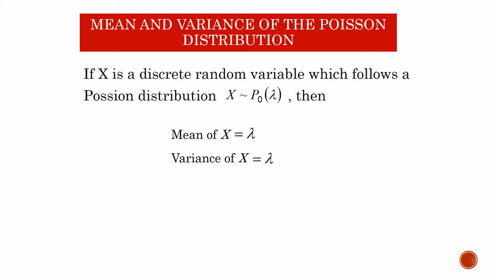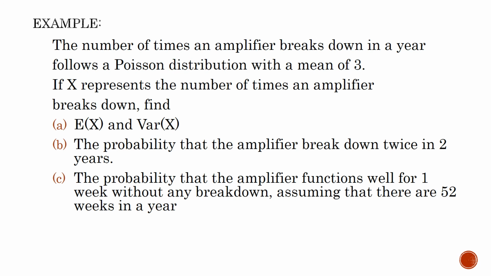The variance of X is also lambda. Hence, the standard deviation will be square root lambda. So that's one thing unique about the Poisson distribution. It has the same value for mean and variance.